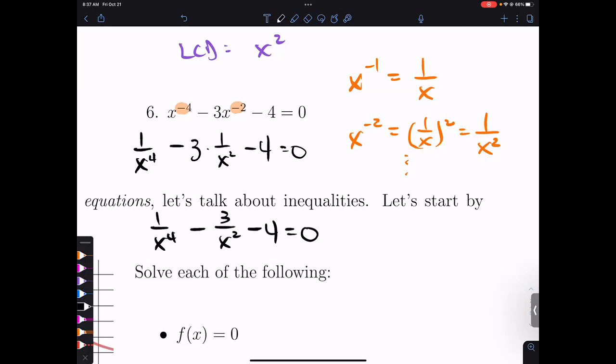There are a couple of different ways you can go with solving that thing. You could approach it the same way we've been doing all these others, find a common denominator. What would the least common denominator be for these things?